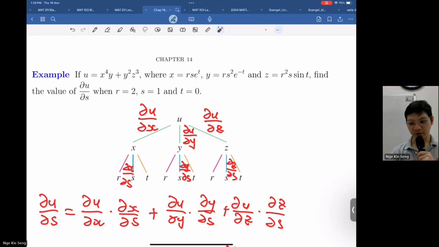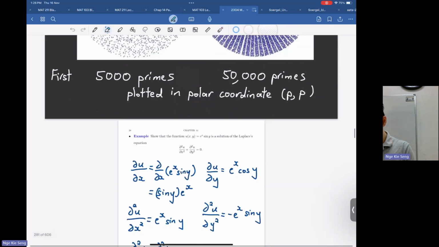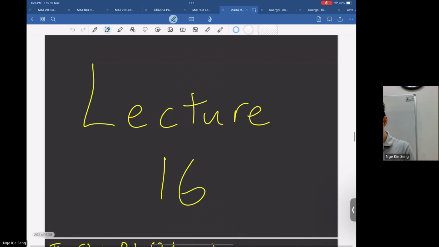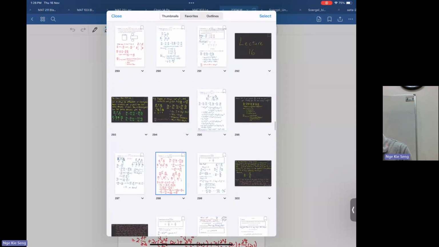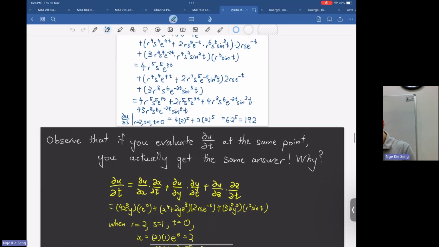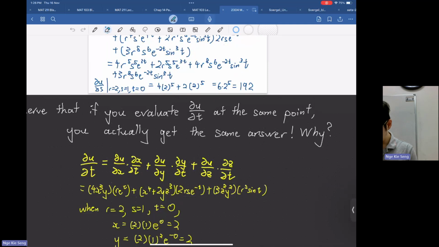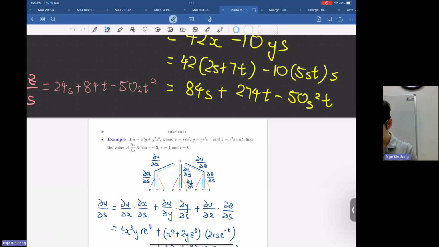Let me show you another picture here. Let's check. So this part here, del y over del t is what? Let's compute del y over del t here. It should be minus s squared e to the minus t, right?